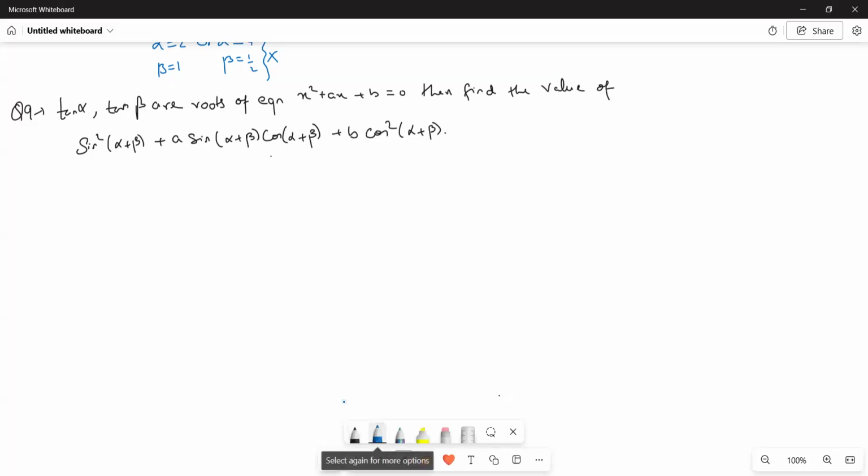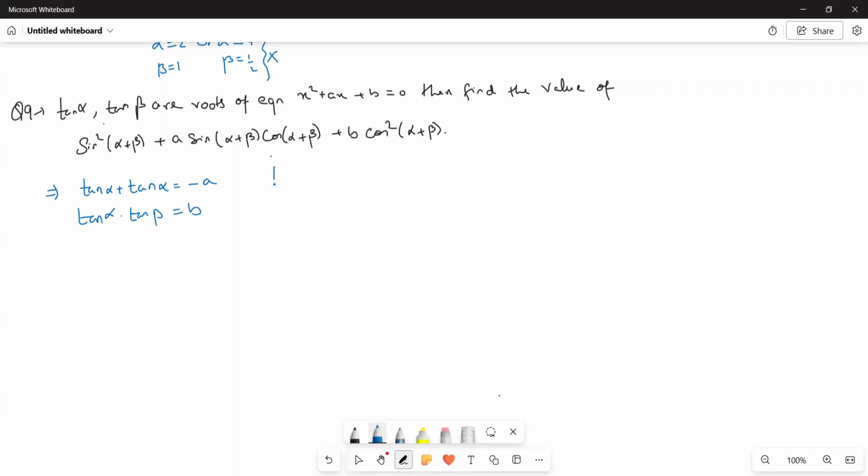Okay, how do we solve the question? If tan alpha and tan beta are the roots of this equation, so we start by writing down the relations. So tan alpha plus tan beta would be minus a, and tan alpha into tan beta would be b.